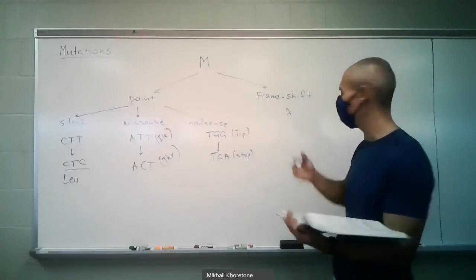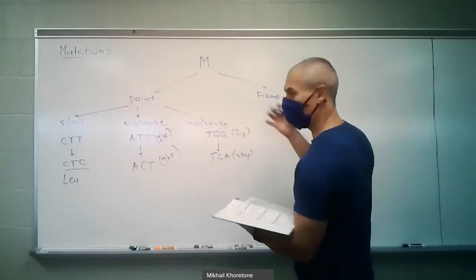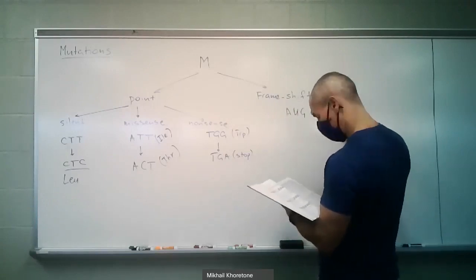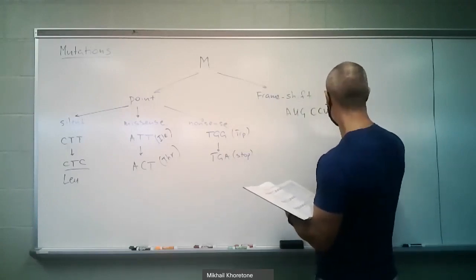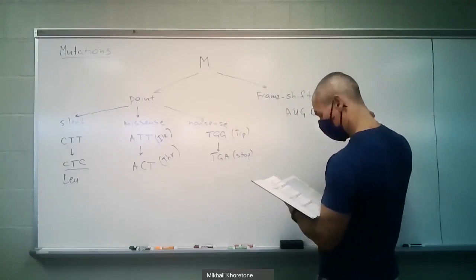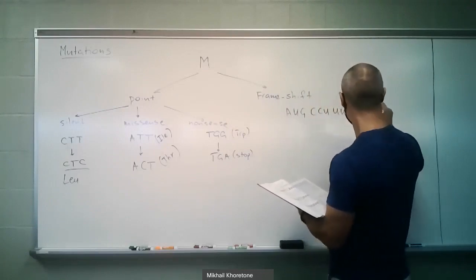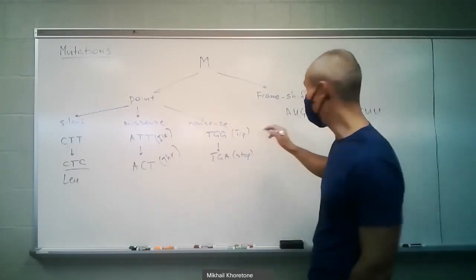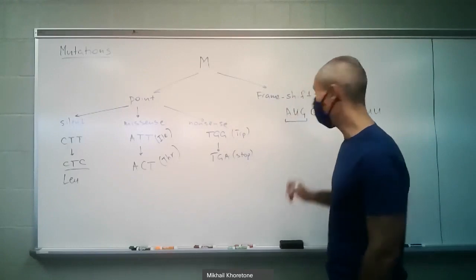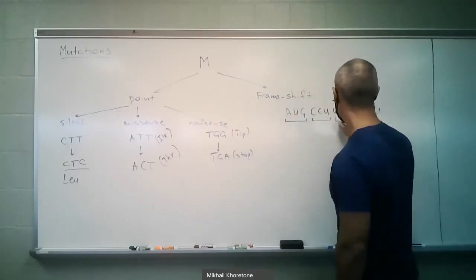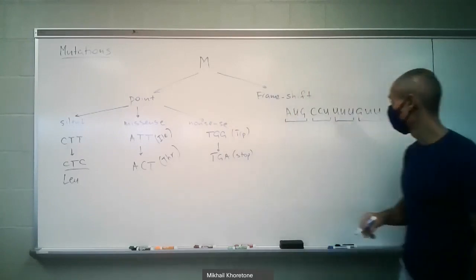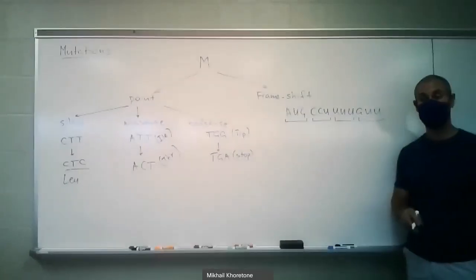But the principle is the same. Now let's take a look at the frame of reading. That's your first codon, right? That's the second, third, and fourth. You see that? Got it?